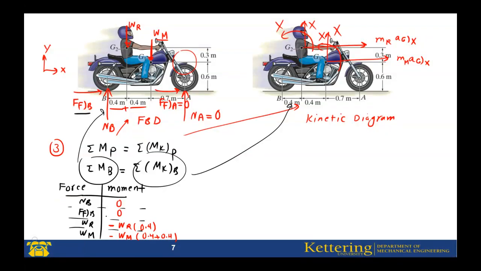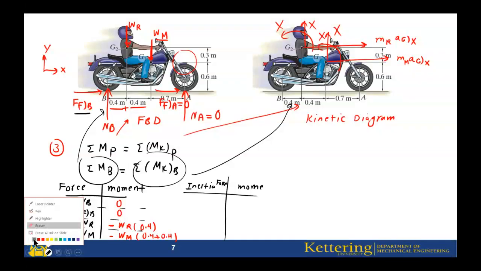For the right hand side, I make a table. This one, inertial force, and their moment. The inertial forces, I will look at this one, left by left, right by right.